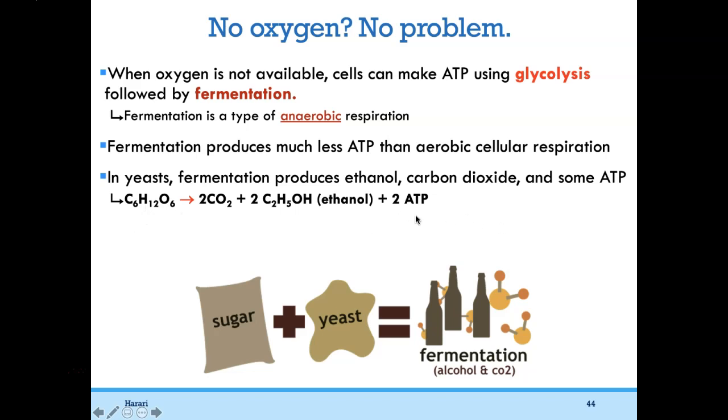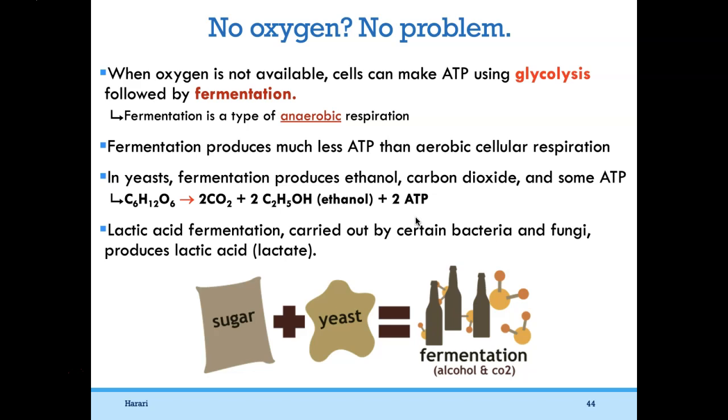And we get only 2 ATPs. So it's really not that efficient. It's only about 2% as efficient for the total complete breakdown of glucose. Compare 2 ATPs by fermentation to up to 38 ATPs by aerobic respiration.